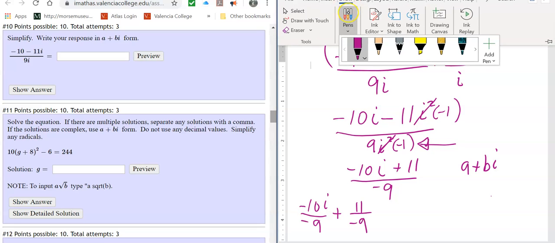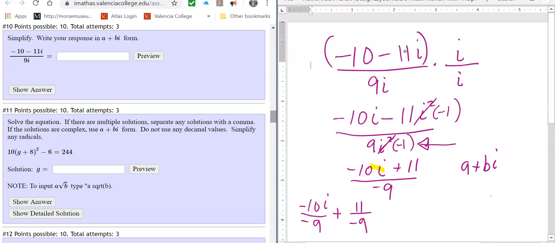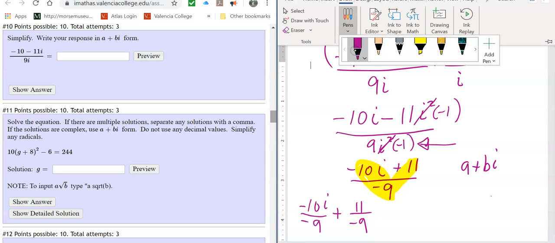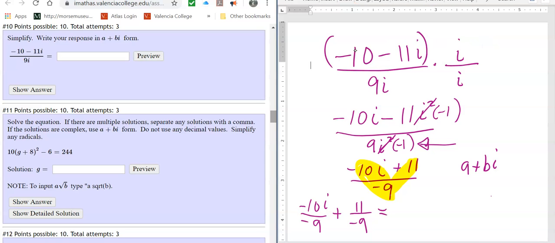I'm just taking the numerator here and dividing by the denominator, and then taking the numerator, this term here, and dividing it by the denominator. Got to keep cleaning this up. So it's going to be 10/9i minus 11/9.